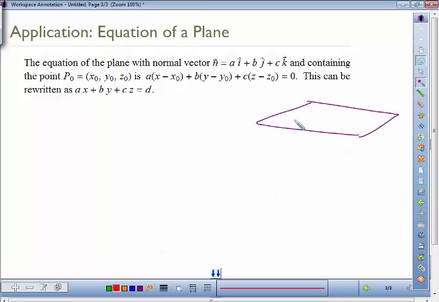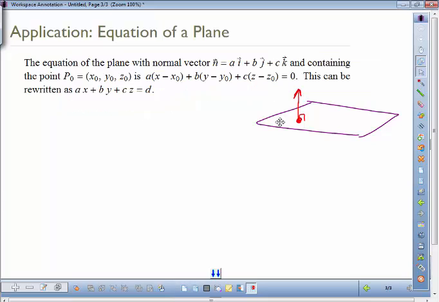So what we're trying to say here is that a normal vector can more or less dictate the direction of your plane. So if you're imagining that normal vector and you rotate it a little bit, then it's not going to be normal anymore, right?